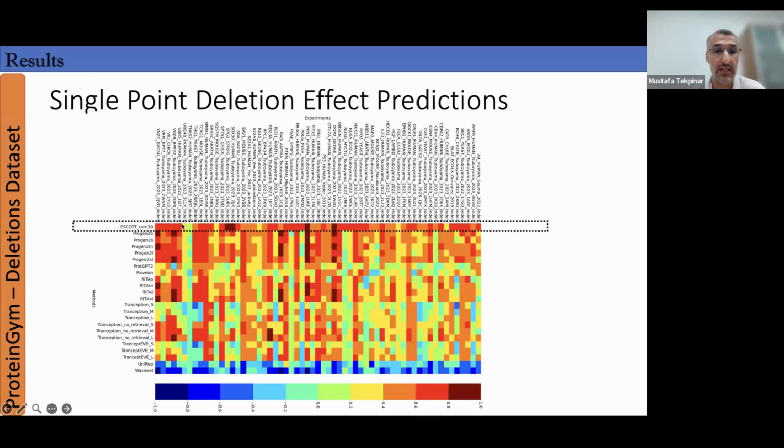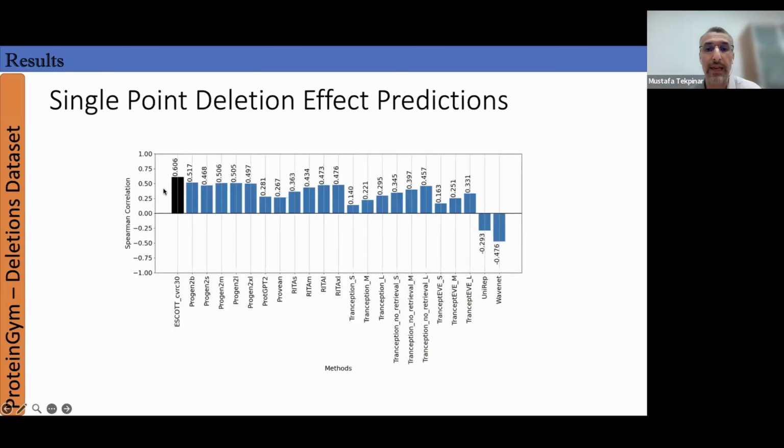When we average this whole row to obtain an average Spearman correlation per method, we obtain something like this. In terms of average, our PRESCOTT results are the best, 0.606. And then Transception family results come after them, Transception 2B and I think Transception 2M follow for single point deletion effect predictions.